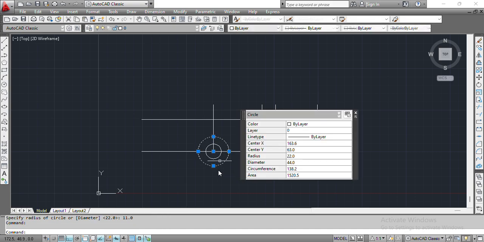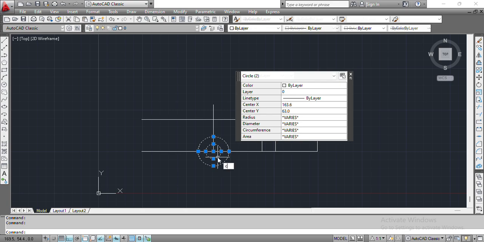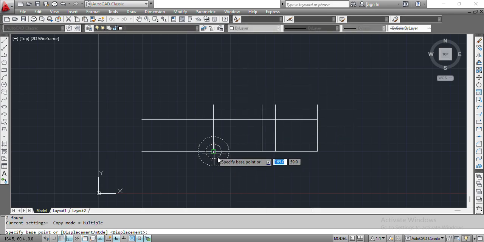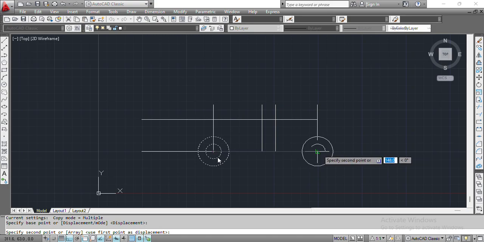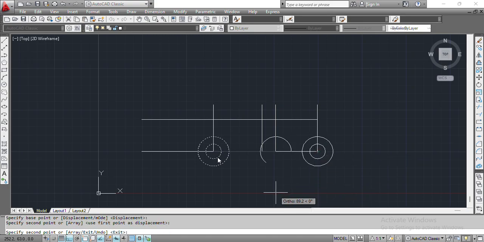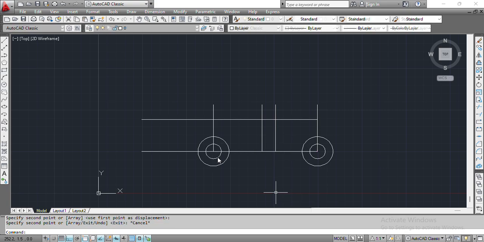So this we'll copy it, copy from this center to this center. So that is done.